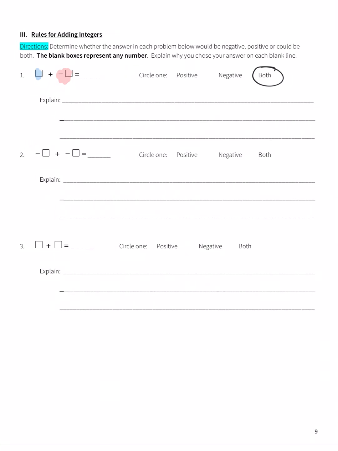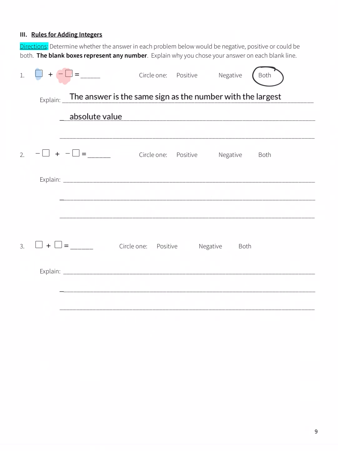Well, here's why. I'm going to write it down right here, and you're going to copy it in your notes. The answer is the same sign as the number with the largest absolute value. Remember, absolute value is how far a number is away from 0. So if my positive is farther away from 0, my answer would be positive. If my negative is farther away from 0, then my answer would be negative.